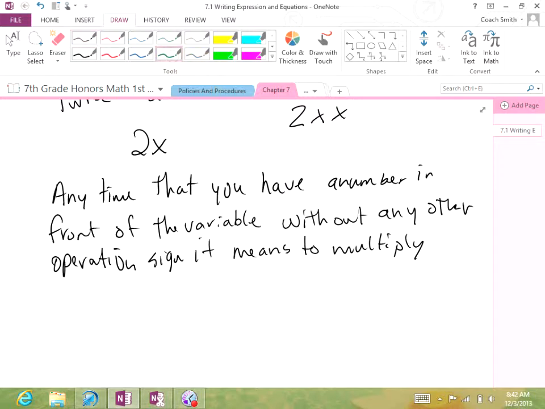So we could have 3y, we could have 4t, we could have 22w. Those all mean to multiply.